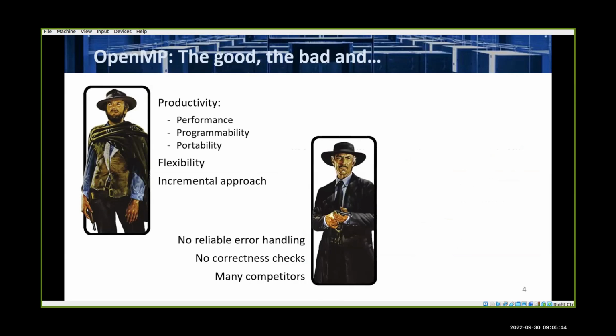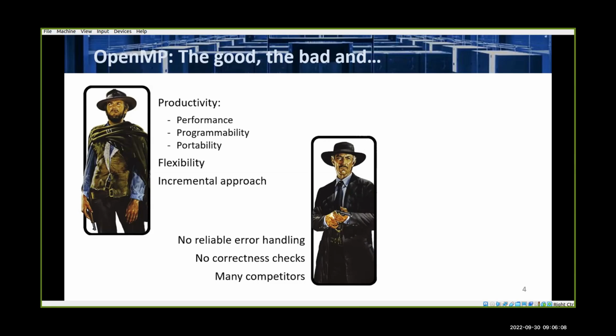What's the but? Well, the fact is that the OpenMP specification and also the implementations disregard some aspects that might be crucial when there is a certain level of criticality in the system. And here I'm talking about, for example, having a reliable error handling mechanism in OpenMP, which does not exist, although there have been efforts to include this in the specification.